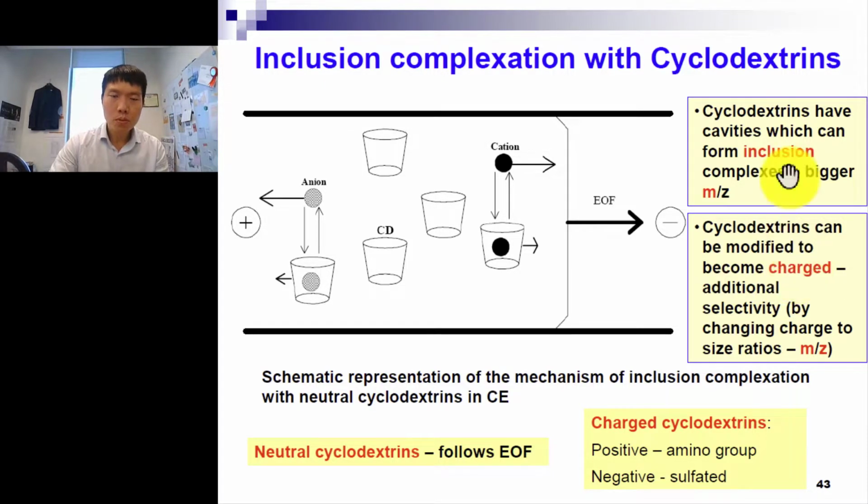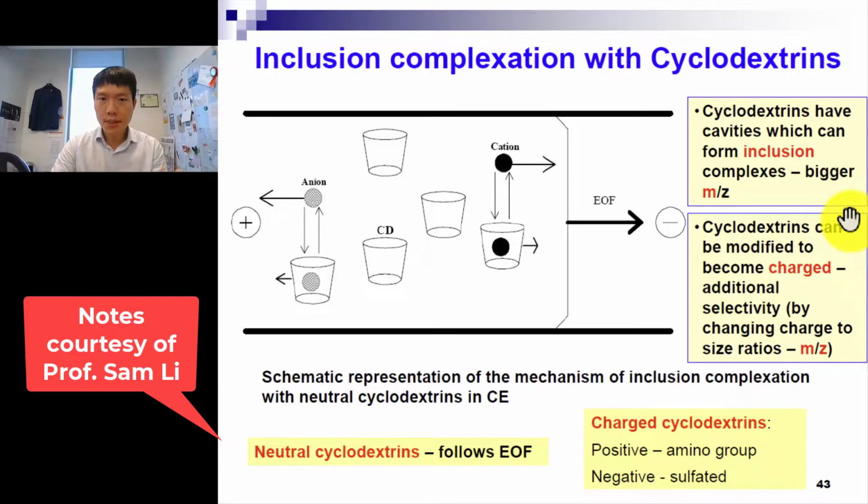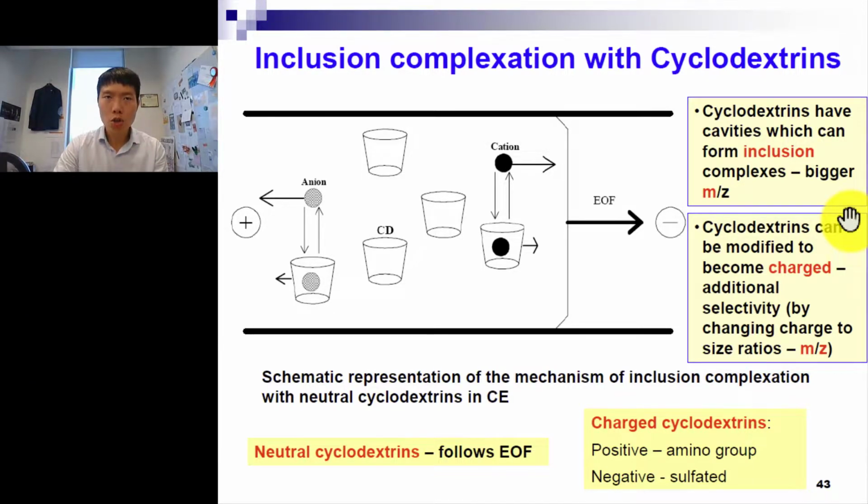So if your CD is large enough, you can allow these particles to go through. And you will also want to make it charged or no charge, charge meaning a positive charge or negative charge, to have extra interactions with your substrate, so that you can separate the velocity of these particles up.